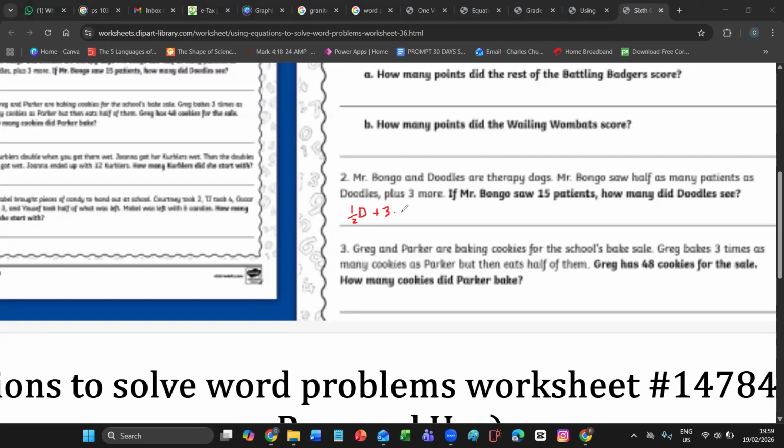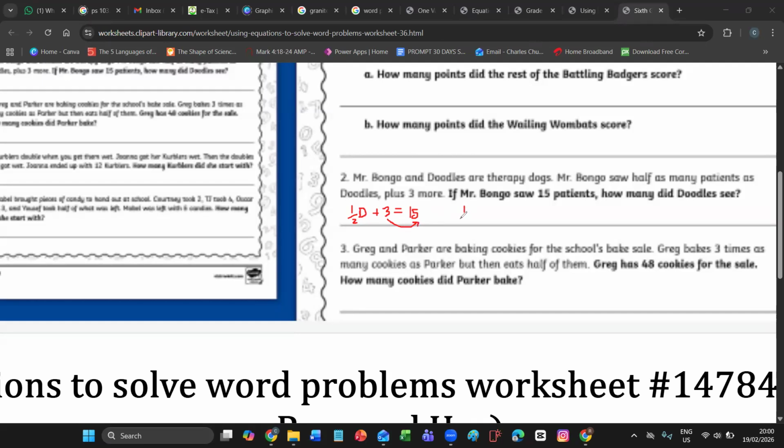And all this is equal to what? What Bongo saw, which is 15, according to the question. So the question now is, how many did Doodles see? So our job is to find D. So we'll take 3 to this side, to meet 15.